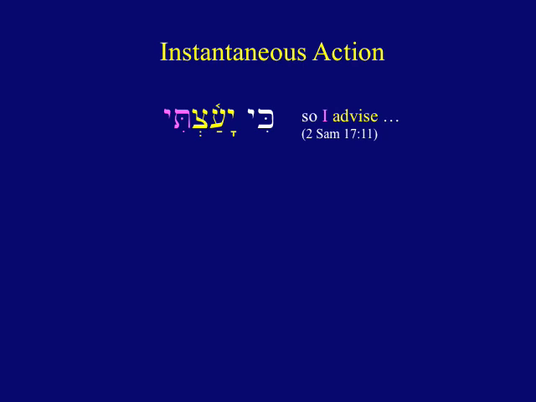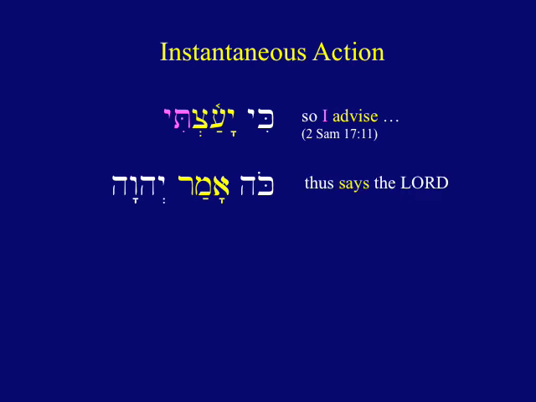I hereby advise that you do thus and so. Ko amar Adonai. When the prophet says, thus says the Lord, he uses amar, a perfect form, not to say that the Lord said something in the past, but that the Lord is saying it now, insofar as the prophet himself says it. The Lord hereby says, thus and so.